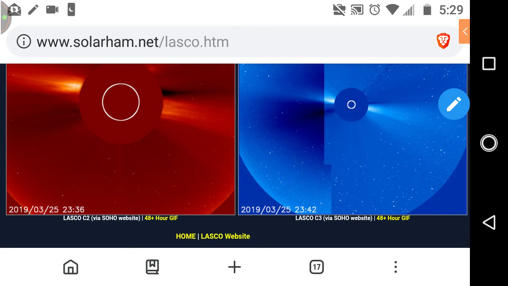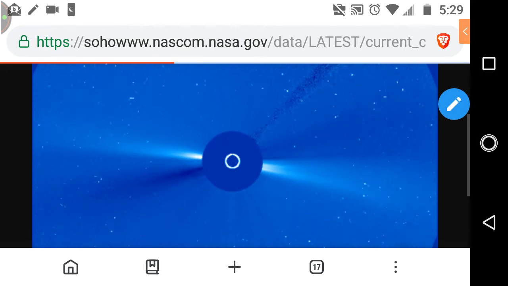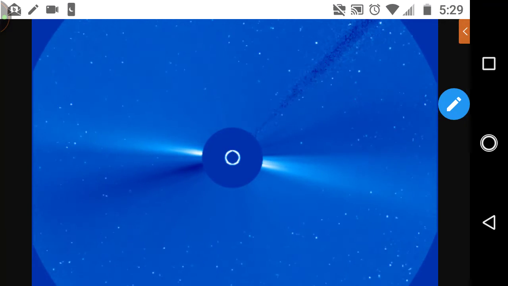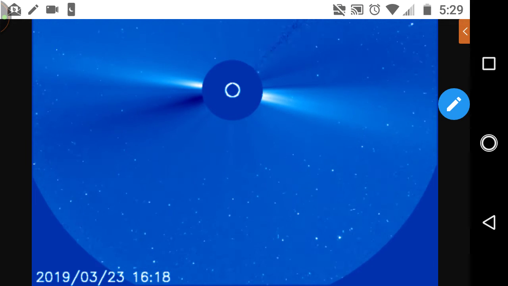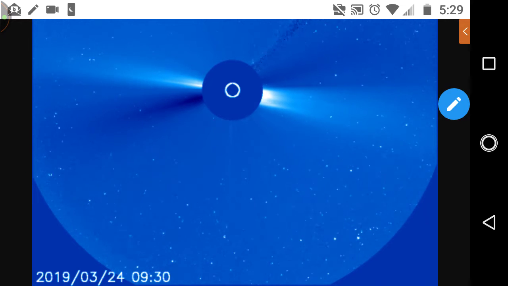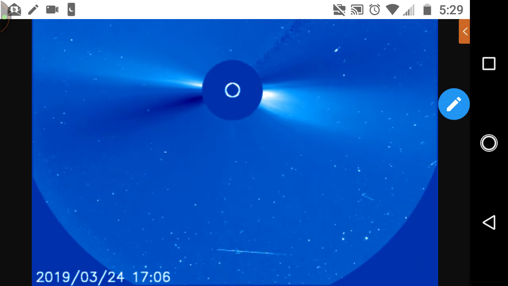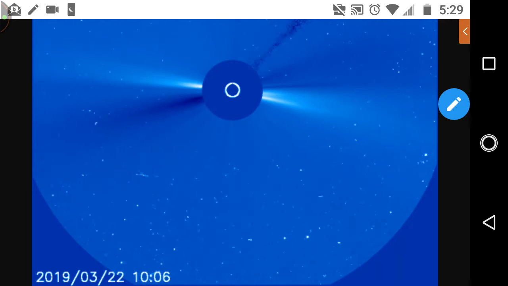Let's move on and look at the C3. Maybe it'll give us a little more insight. Here's the 24th. That looked like it should miss the Earth to the west.